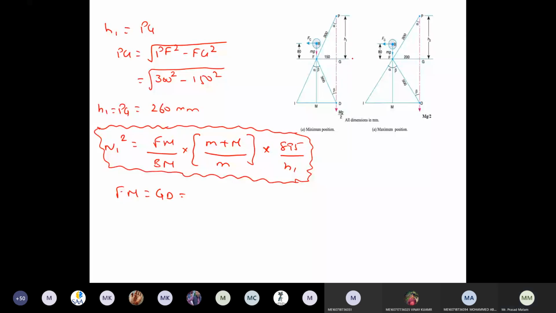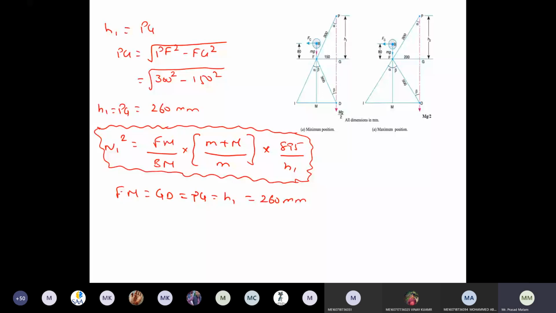Therefore, the height h1 is equal to PG, that is equal to GD. I am writing here, FM is equal to GD, that is equal to the upper arm length PG, which is equal to h1, whose length is 260 mm. Okay, we got the FM value.